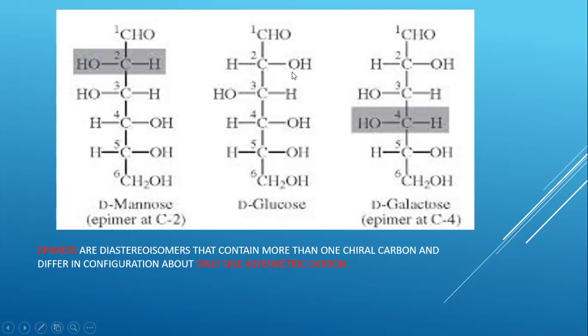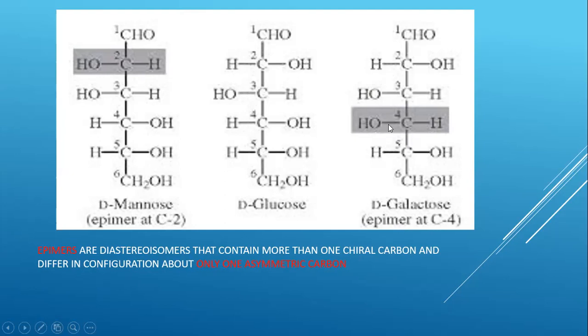This glucose is different from galactose because of a difference in carbon 4. See the arrangement of carbon 4 here and see what has happened here. Just because of this difference, this glucose can no longer be a glucose, it became a galactose. So we say glucose and galactose are epimers, they are carbon 4 epimers.